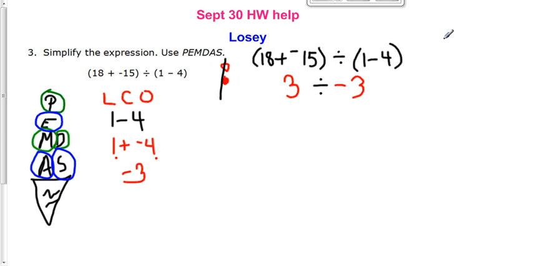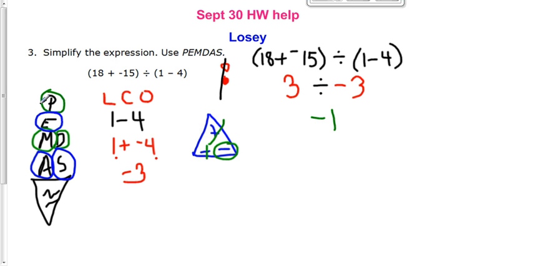And don't forget, with our integers, we have the new strategy you were taught this year: a positive divided by a negative leaves me a negative. So now I know my answer is going to be negative, and 3 divided by 3 is 1.